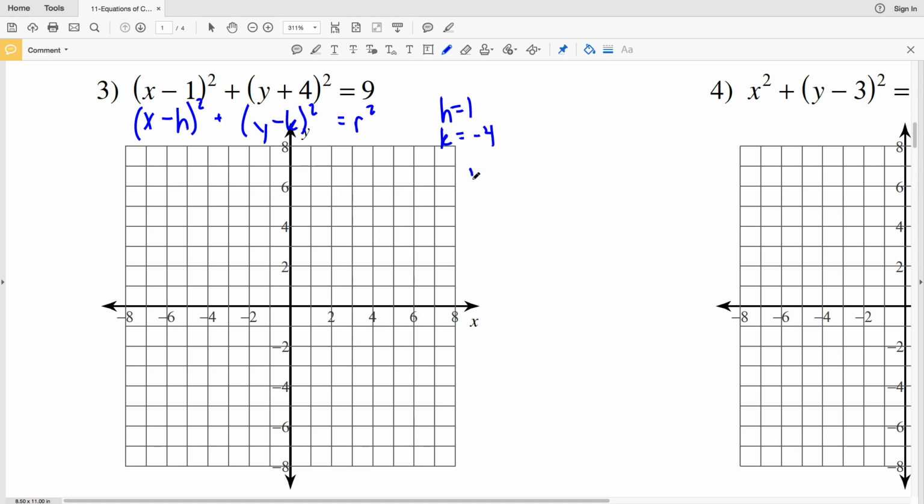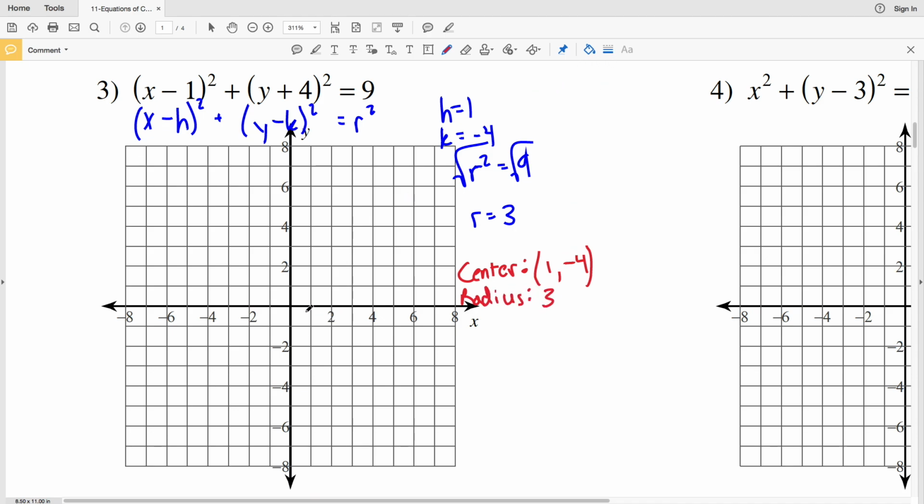And our radius squared is equal to 9. When we take the square root of both sides, we get that our radius is equal to 3. So our center will be at 1, negative 4, and our radius is 3.